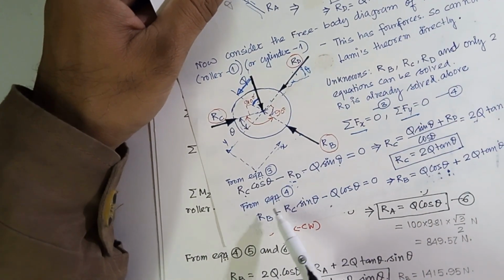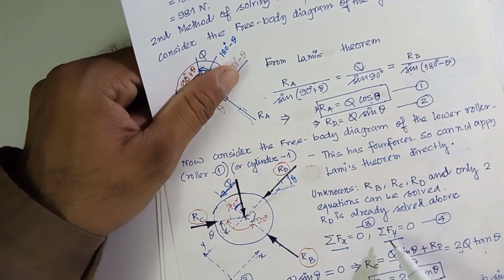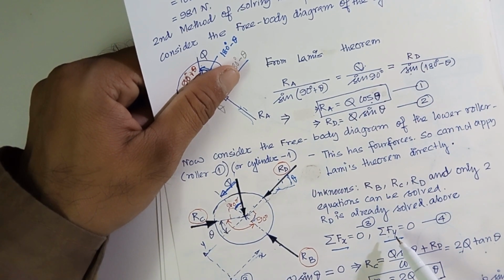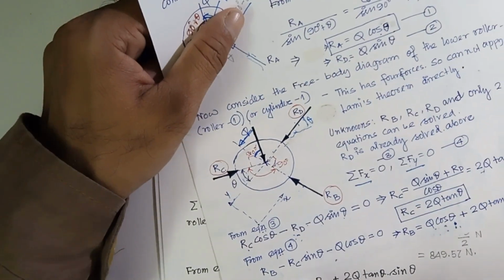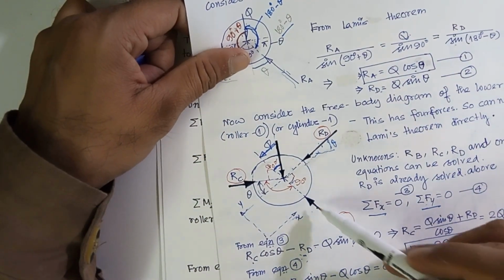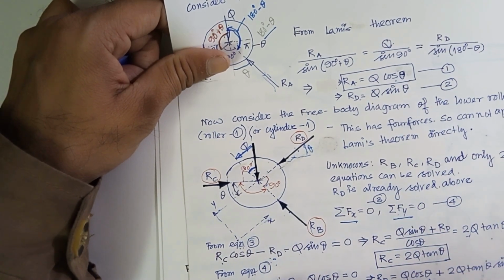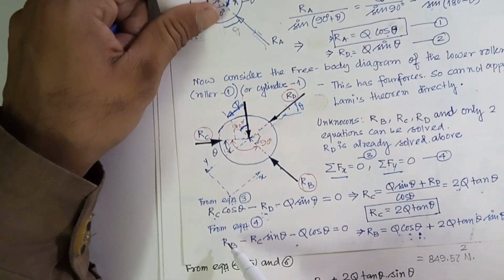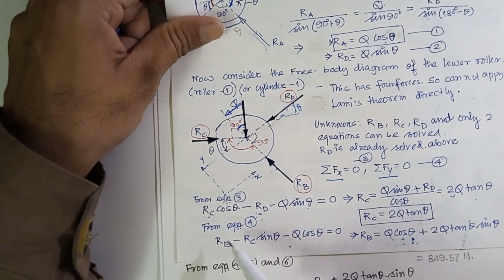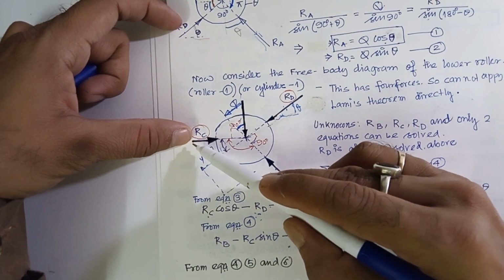Therefore, next if we write this equation, that is equation 4, summation of forces in the y direction to be 0, we can write that RB minus RC. Because RB is along the positive y direction, RB will come directly, right? Now what is the component of RC along the y direction?